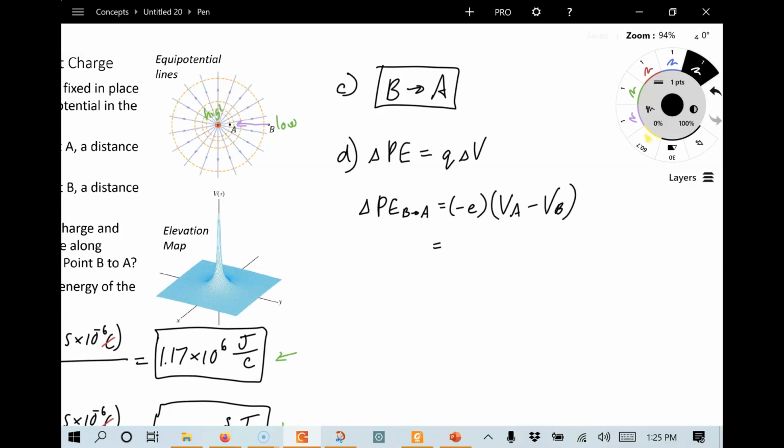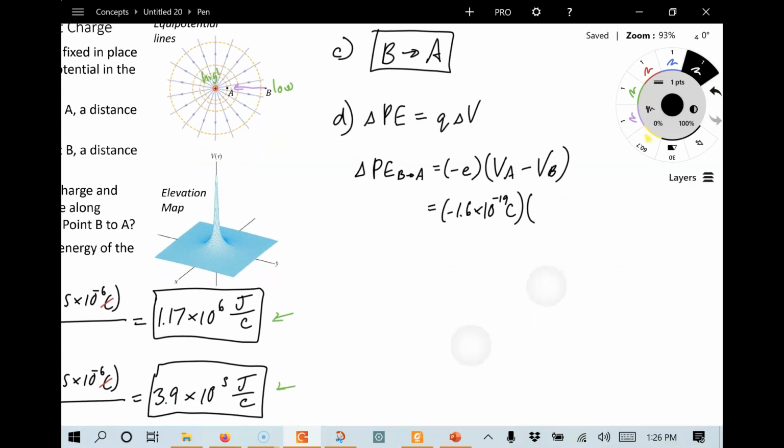We can put in those numbers: minus 1.6 times 10 to the minus 19th coulombs, multiplied by, what is VA? We need to remember that real quick. That is 1.17 times 10 to the 6th joules per coulomb. We're going to subtract from that VB, the number below, 3.9 times 10 to the 5th joules per coulomb.